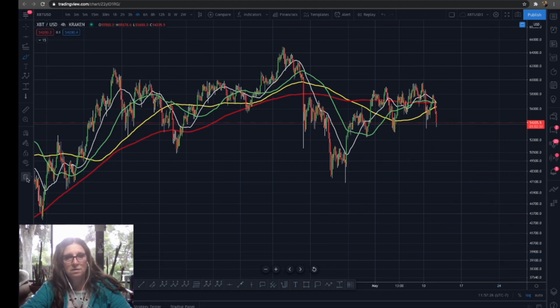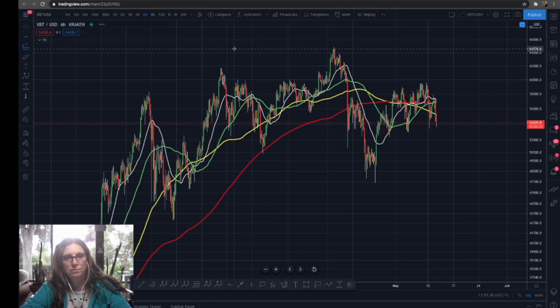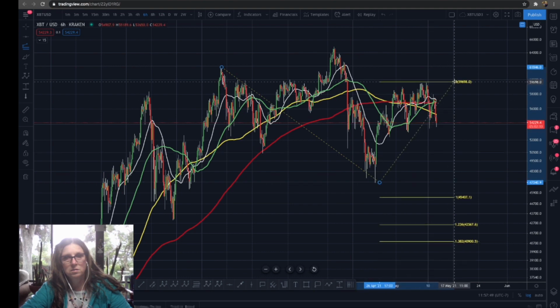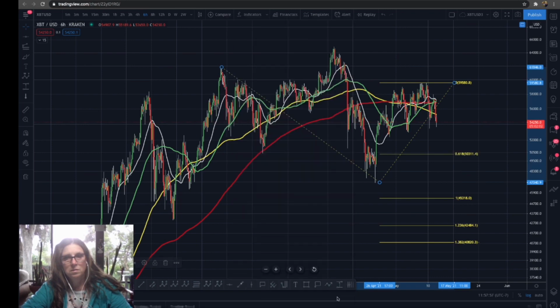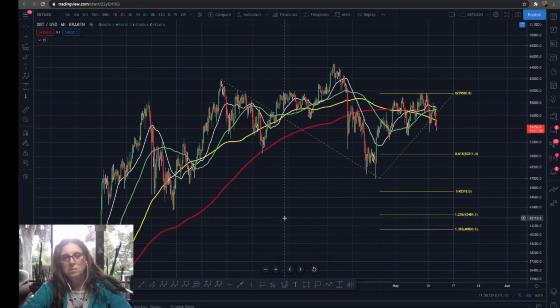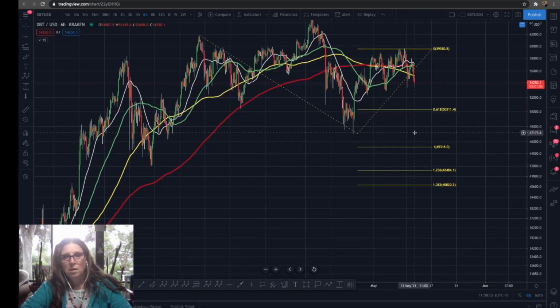To project that and see just how far we might come down, I'm going to pull it like this. First stop is going to be the 618.